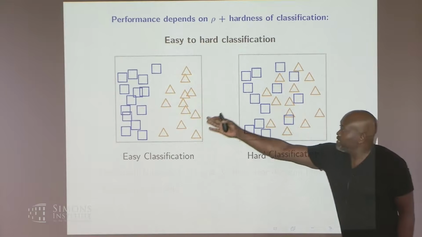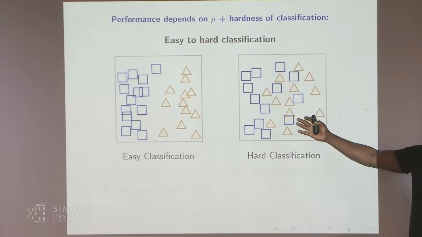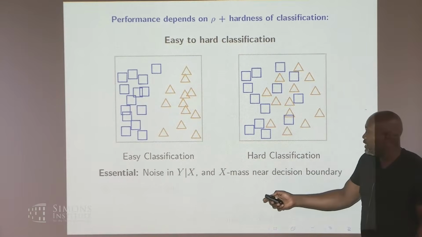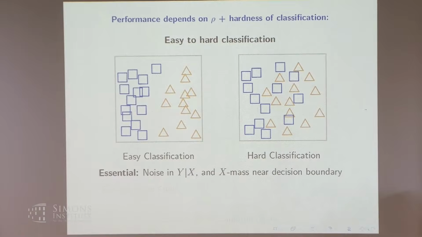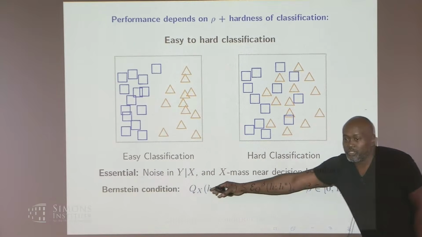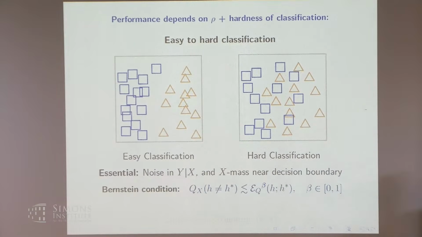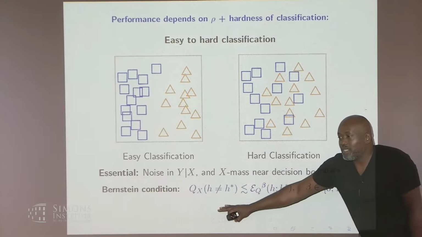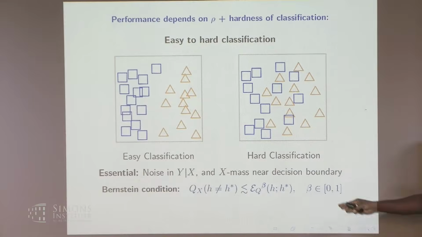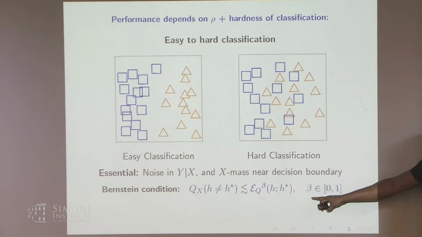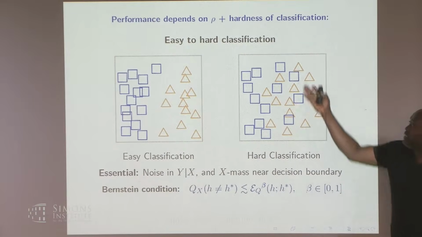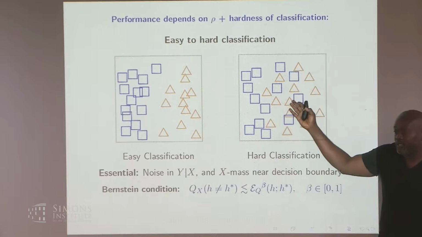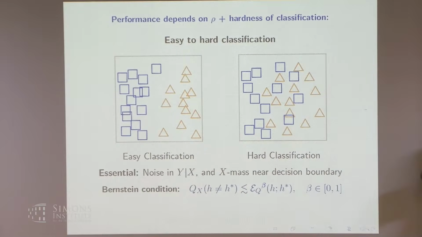This is an easy classification problem. This is a hard classification problem. One way to capture it is through a so-called Bernstein class condition. Peter has worked a lot on these types of conditions. And you don't have to remember this formula. Just recall that this beta is going to appear, and the beta has to do with the amount of noise essentially around the decision boundary. Clear to everyone?